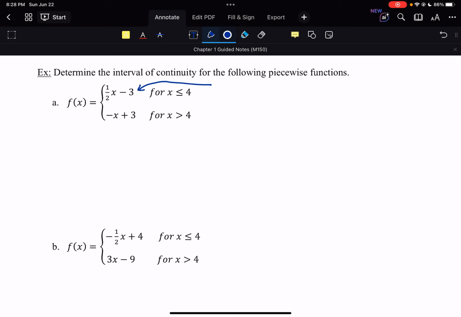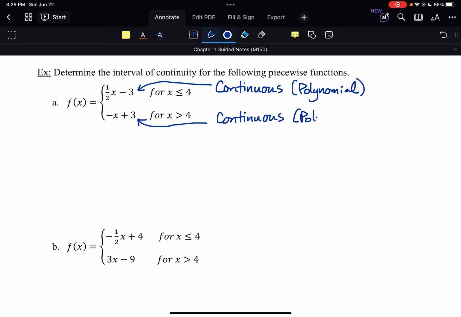This formula here is a linear function, and this is continuous because it's a polynomial. And this one is also a linear function. So this one is also continuous, and also because it's a polynomial.